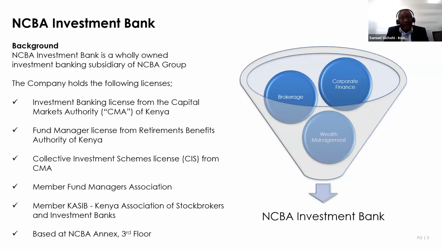Our wealth management arm is where you're doing indirect investments, and that means that they run several managed funds, which include fixed income fund. We have a dollar fixed income fund. So we have shilling and dollar fixed income fund. We have an equity fund, which gives you access to local equities.